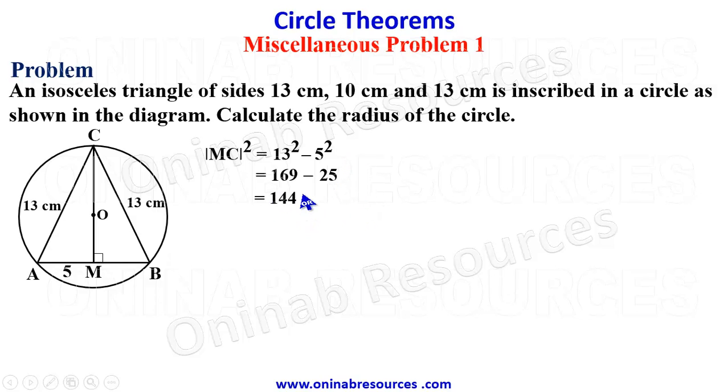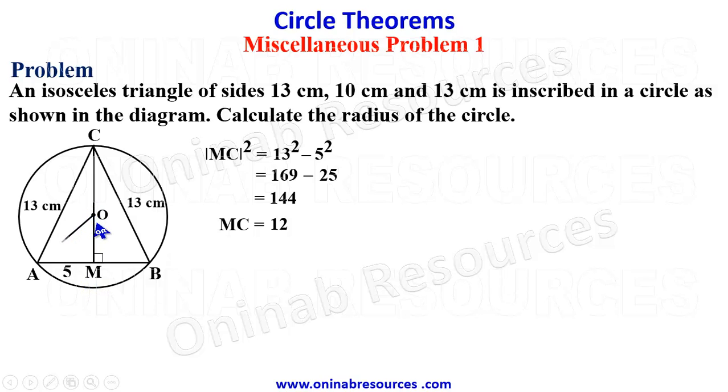This gives us 144. MC squared is 144, so MC is the square root of 144, giving us 12. So we have MC, the height of the triangle, to be 12 centimeters.